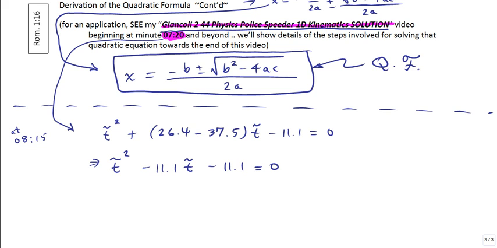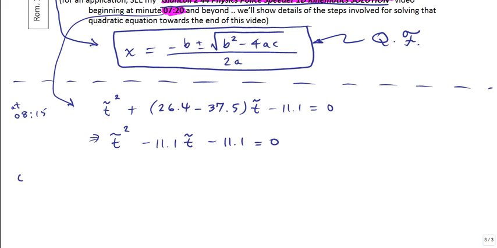And notice that I now have something of the form a times x squared plus b times x plus c is equal to 0, where you'll notice that what I'm calling t tilde is like my x, and in front of the t tilde squared there's understood to be a 1 as the leading quadratic coefficient there.